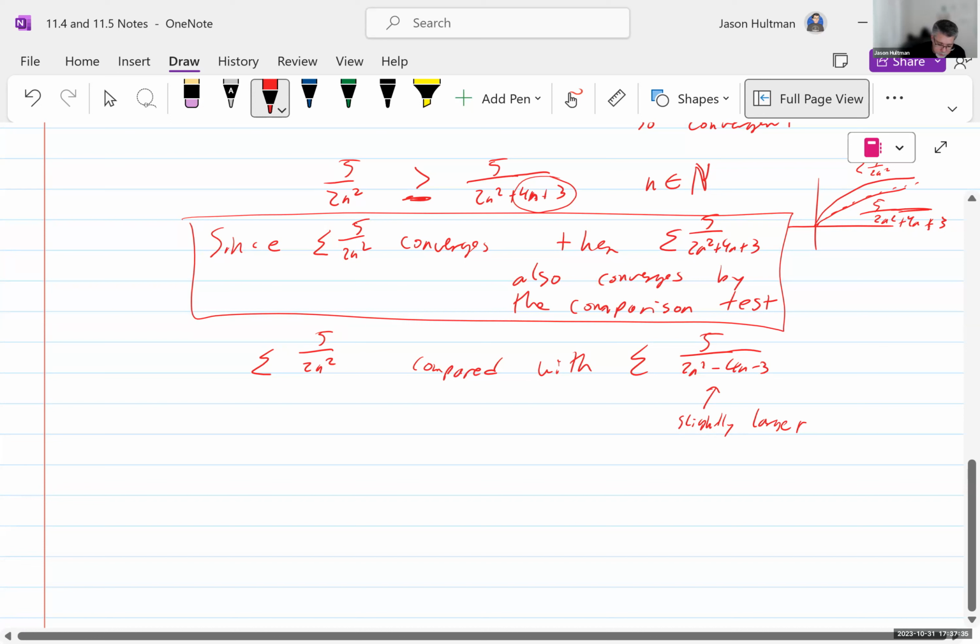But we do have another test that we can use in case we come up with this type of scenario, or other scenarios where we're like, hey, can we really use a comparison here? And the comparison kind of goes the wrong way. And that's called the limit comparison test.